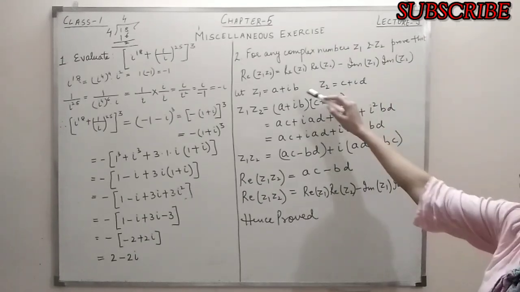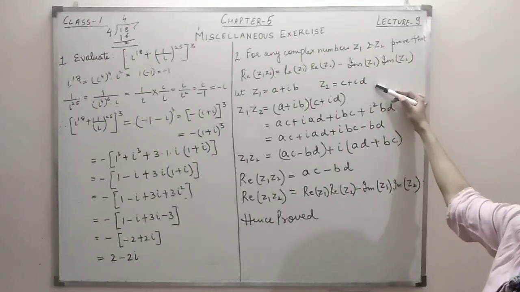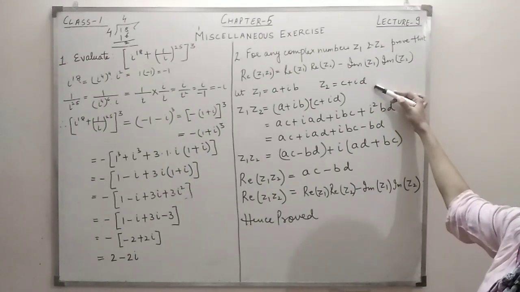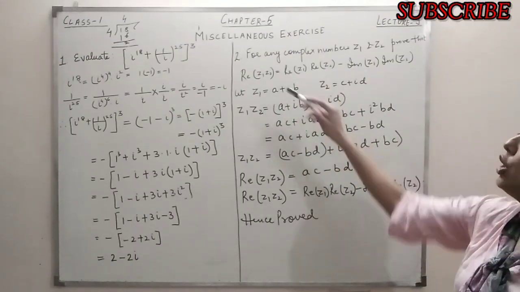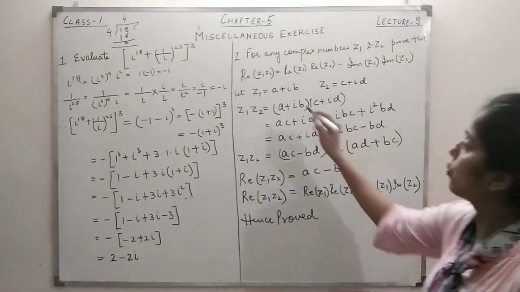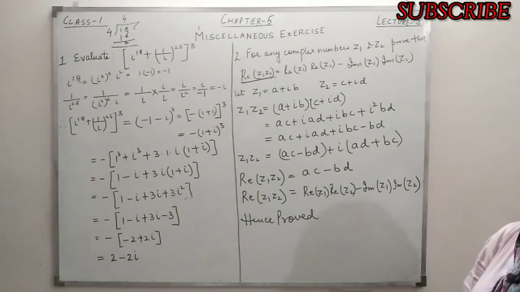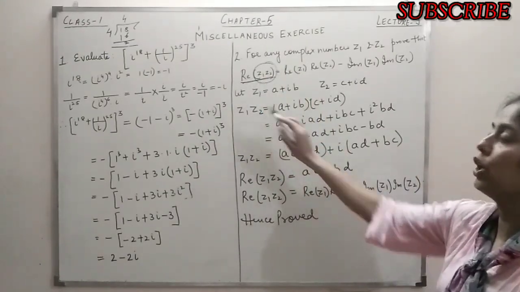Z1 we have taken as a plus iota b, and z2 as c plus iota d. Any complex number you can take here. Solve it for z1 into z2. Why z1 into z2? Because in the left hand side we want the real of z1 into z2.